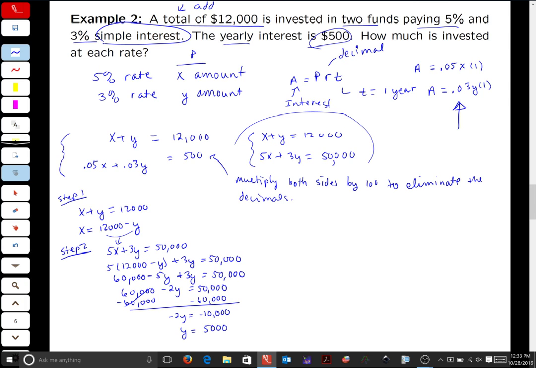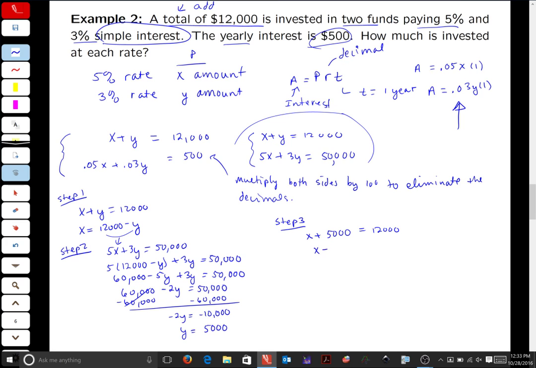Now that we have our y equal to 5,000, how do I find x? Plug it in. It doesn't matter which one you plug it into, so plug it into one or the other equations. I'm going to choose the first one. That doesn't have a 3 times a y. It's easier to plug into. So x plus 5,000 is equal to 12,000.